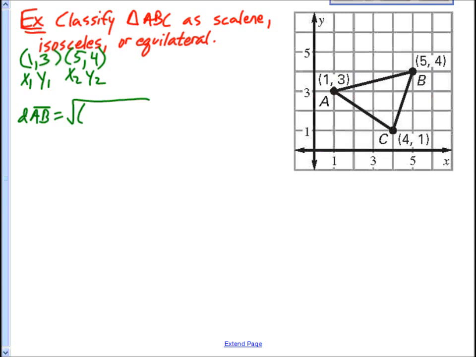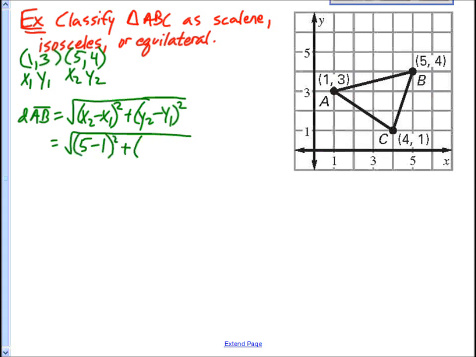Go ahead, make sure you write this each time so this becomes part of your memory. 5 minus our x1 is 1 squared. Our y2 here is 4 minus our y1 is 3. So we got square root of 4 squared plus 1 squared. So we got 16 plus 1, 17. Okay, so that line segment AB length is square root of 17.